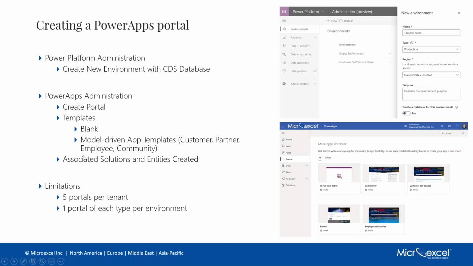So again, those limitations: 1 portal of each type per environment, and 5 portals total per tenant. Again, this may change in the future, but keep those limitations in mind when you're creating your portal environments.